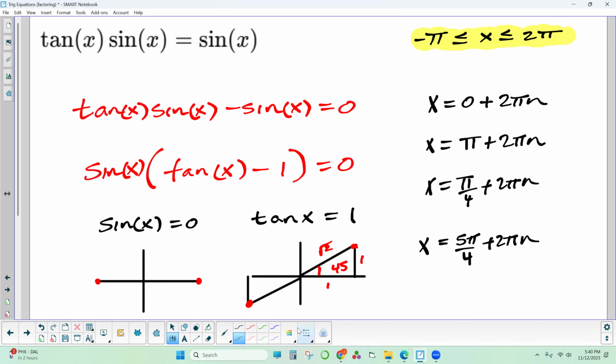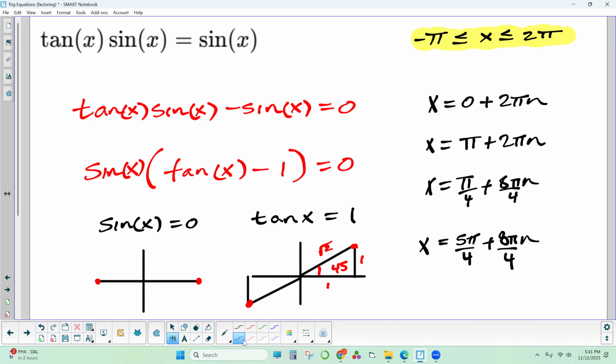I might use this strategy to help us along and change the 2 pi's to match denominators. Really, I only need to do that for the fourth-angle terms. So instead of 2 pi, I might say 8 pi over 4, just so I have a common denominator.